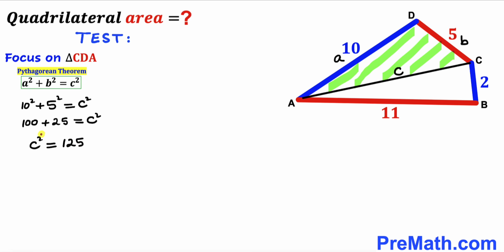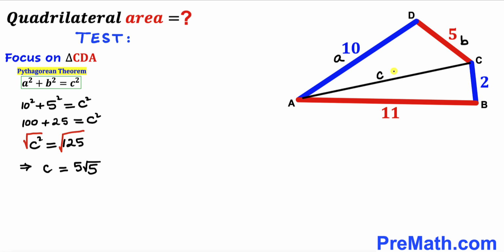And now we are going to undo the square by taking a square root on both sides, and therefore our side length c value simply turns out to be 5 times the square root of 5.